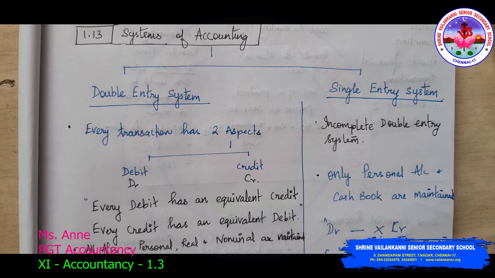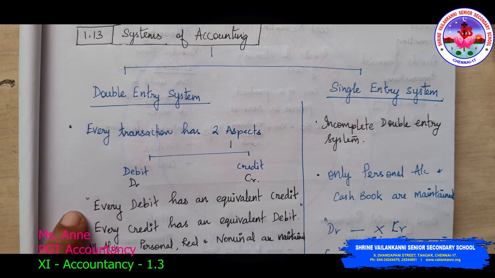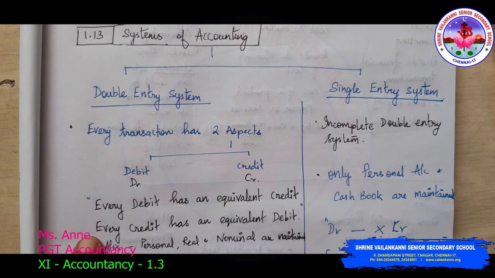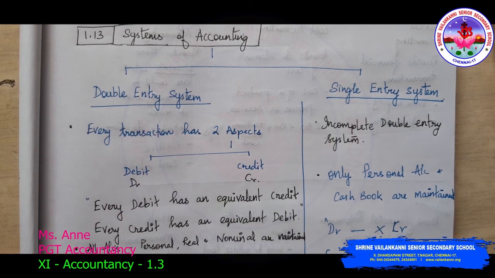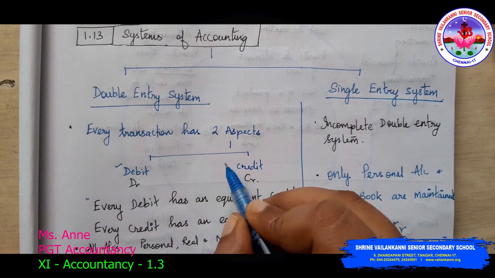So now we are going to look into the systems of accounting. We have the double entry system as well as the single entry system. Under the double entry system, you all know that every debit has an equivalent credit and every credit has an equivalent debit. So every transaction has two aspects basically. One is the debit aspect, another one is the credit aspect.